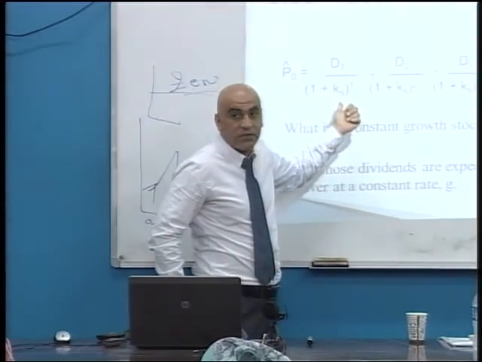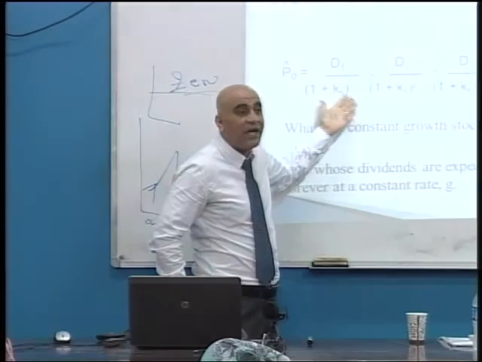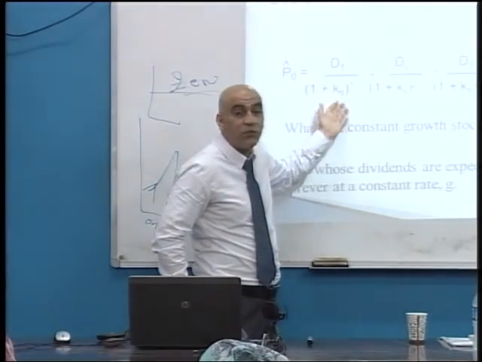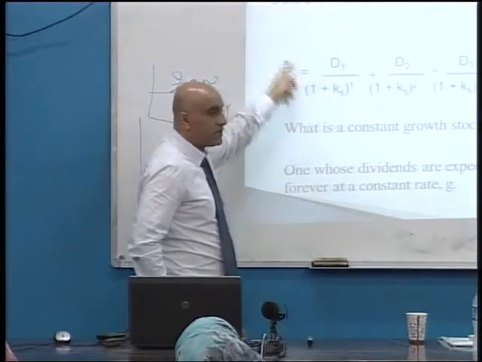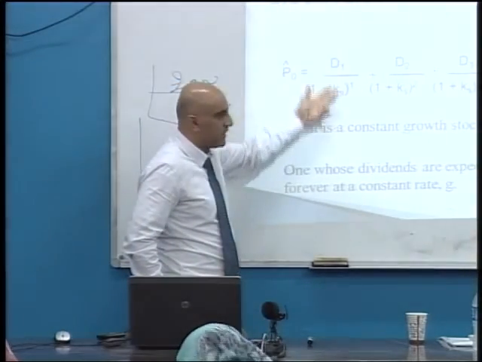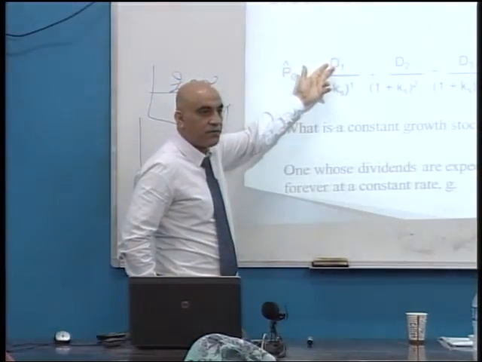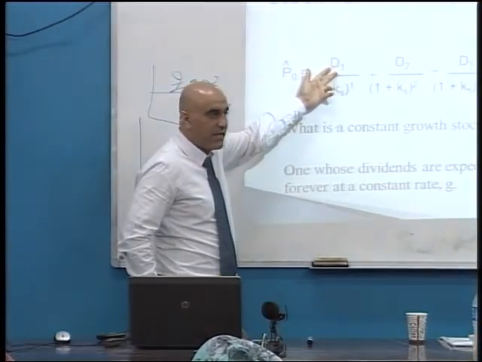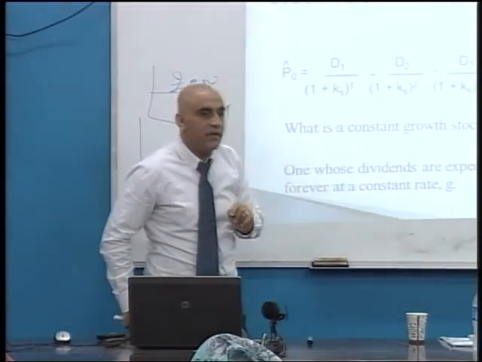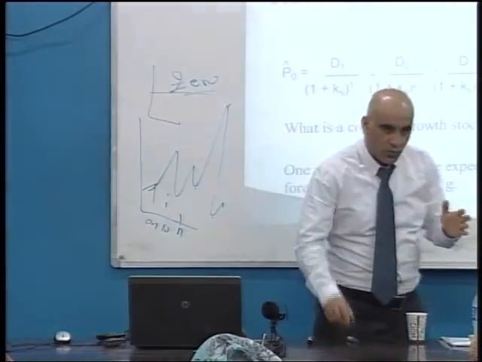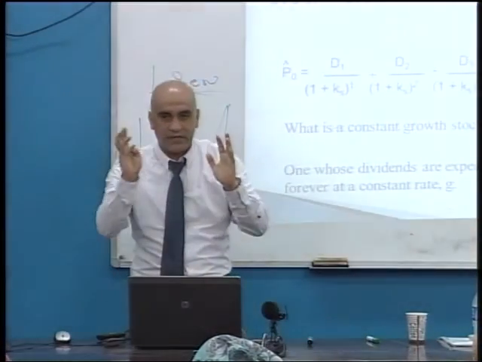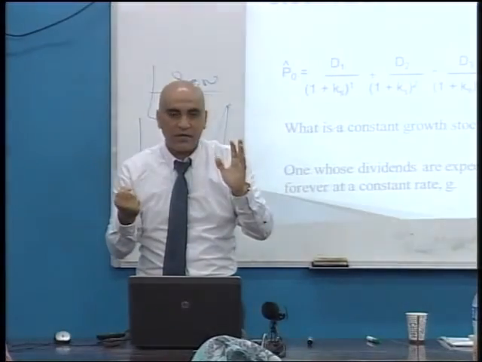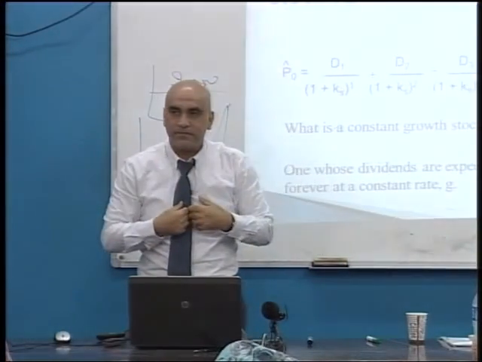Please pay attention, because I'm asking about these things in your exam. I will ask you about these functions again. So P0 is a function of two things: the cash flow coming from the dividends and the required rate of return. So investors, when they invest their money, think of two things. First, what is the cash flow coming, and what is my required rate of return?